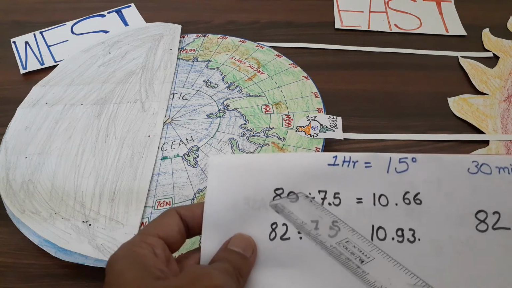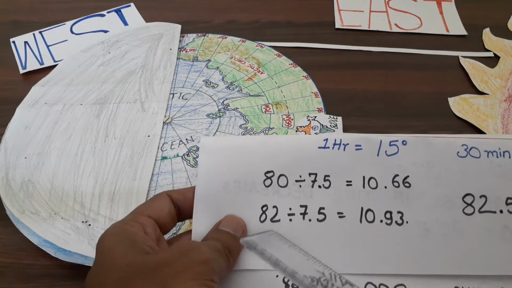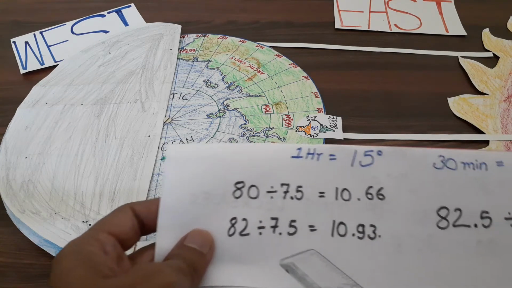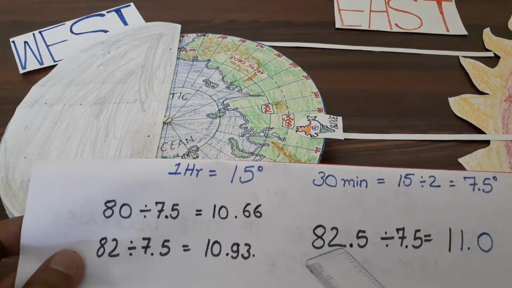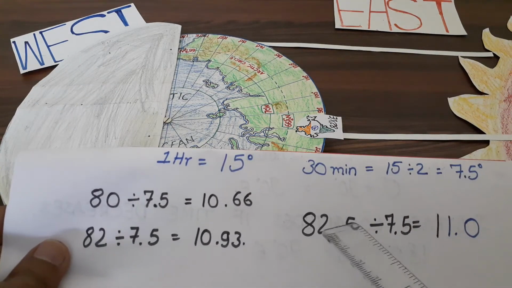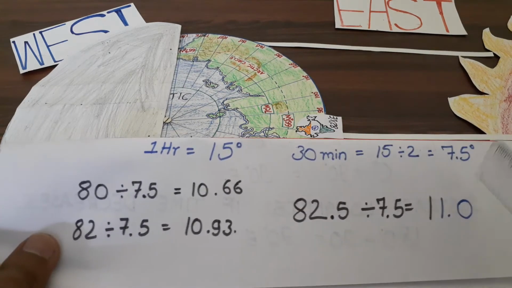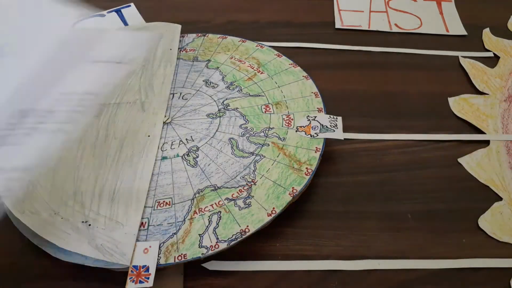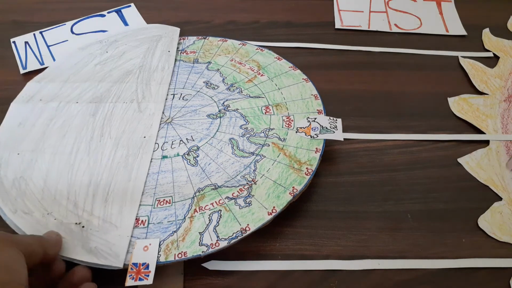Here with 80 degrees, I am getting a decimal point. With 82, again I am getting a decimal point. Whereas when I divide 82.5 by 7.5, I am not getting any decimal point. Hence, this can be considered as a standard time. So like this, the rules have to be followed.